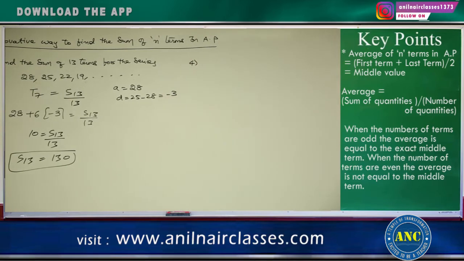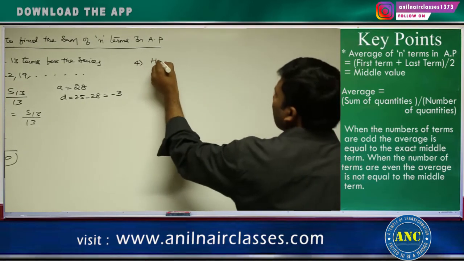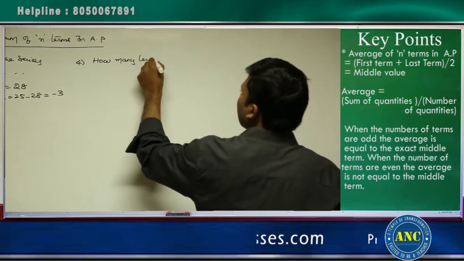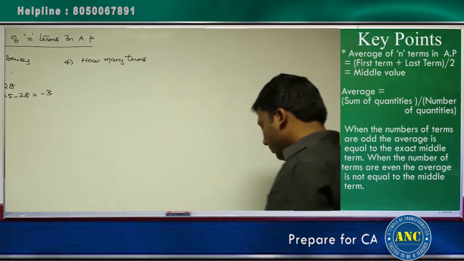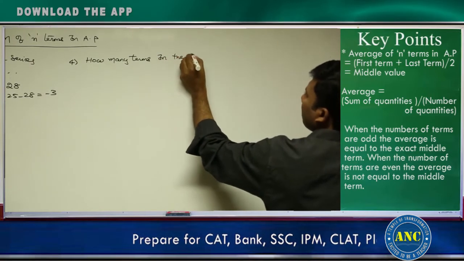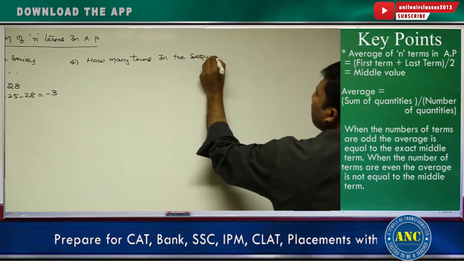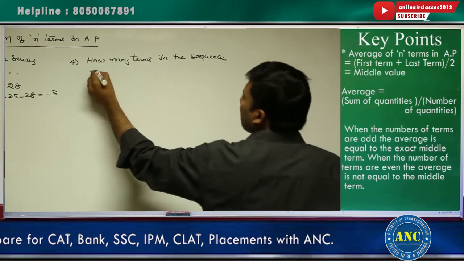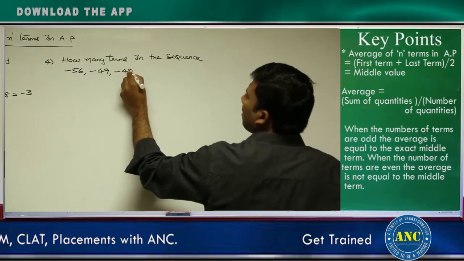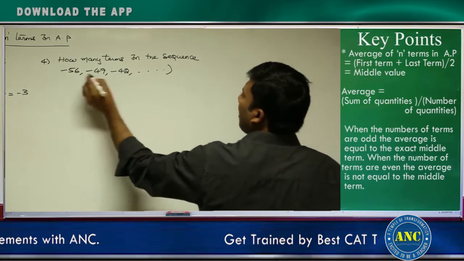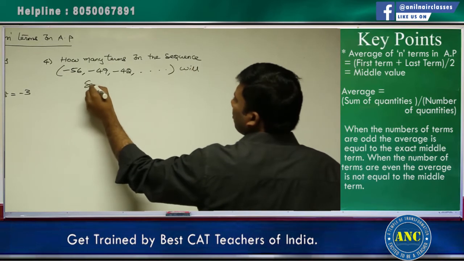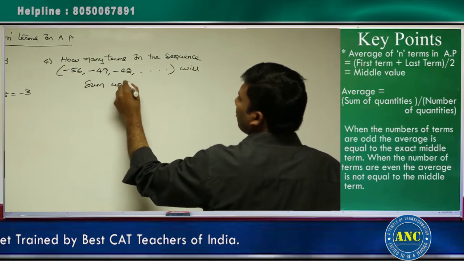Next, fourth. How many terms in the sequence minus 56, minus 49, minus 42 and so on will sum up to 0?